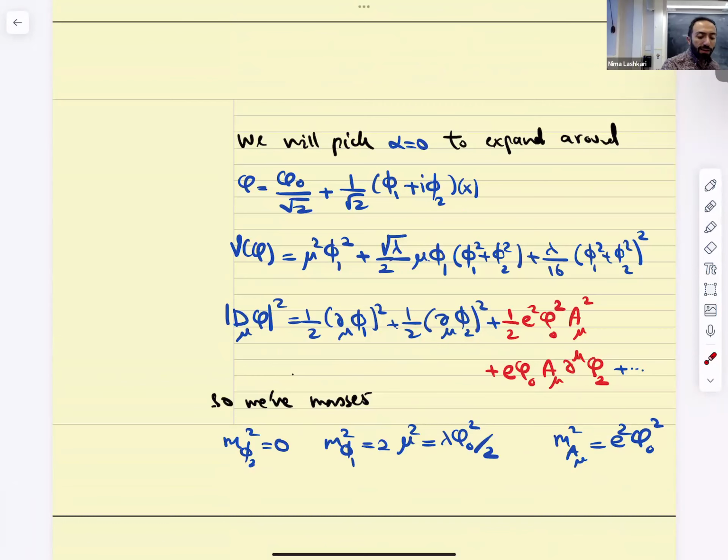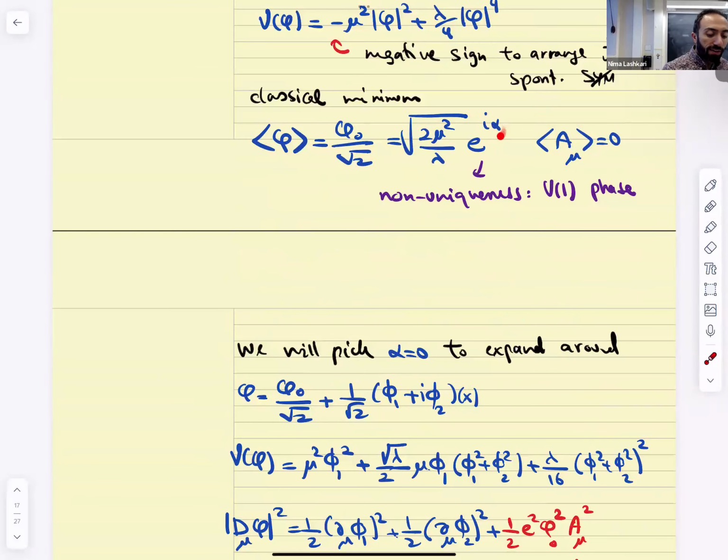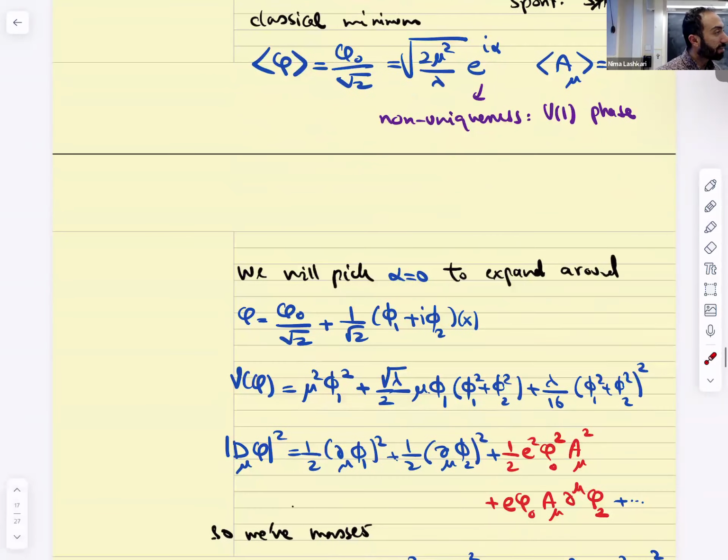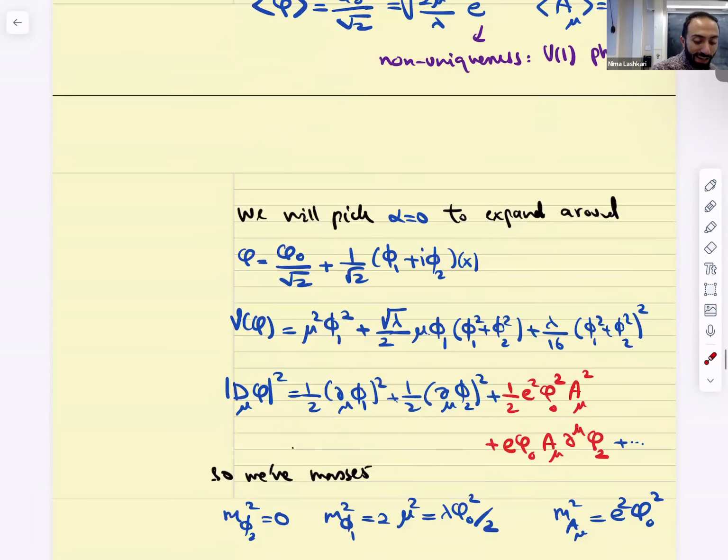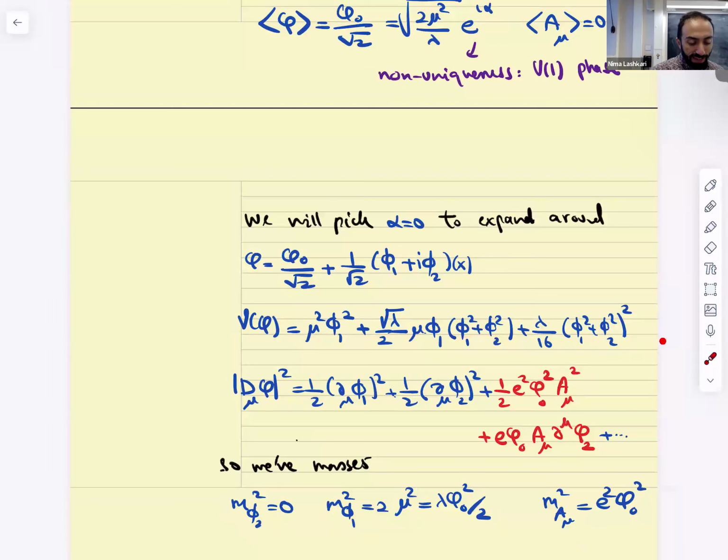We're going to define our vacuum. We have to arbitrarily pick some value of alpha as a vacuum. We're going to pick alpha equals 0 and expand around it. Here's where I'm going to introduce the phi 1 plus i phi 2 notation. Here is V of phi, and here is the covariant derivative expanded. V of phi doesn't have any surprises, but the covariant derivative expanded is interesting.